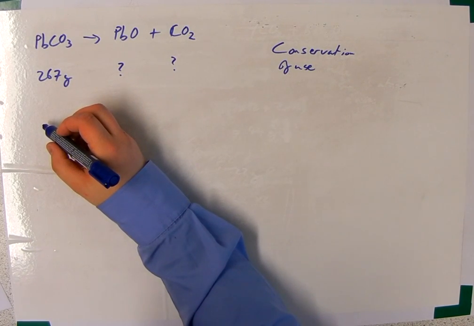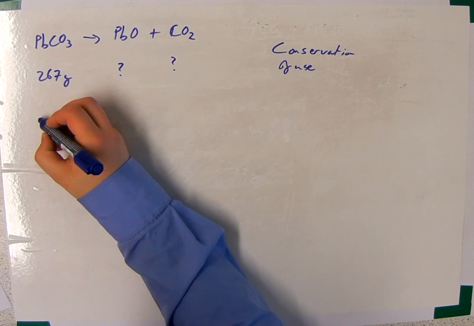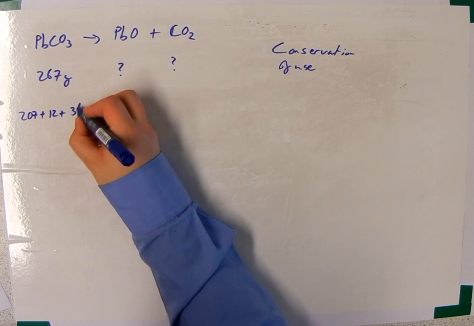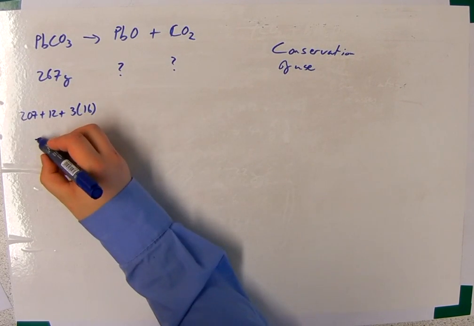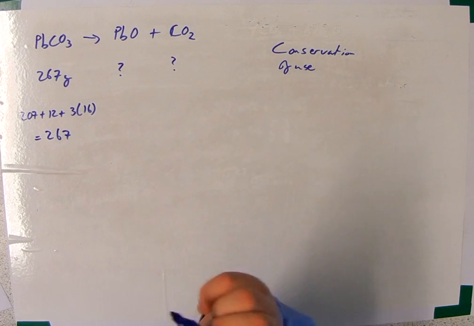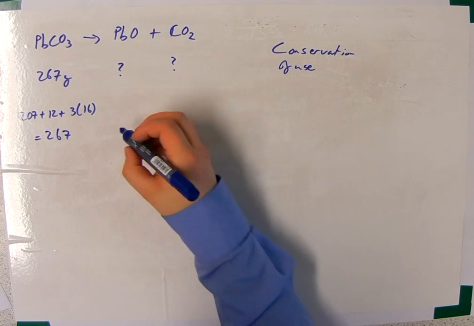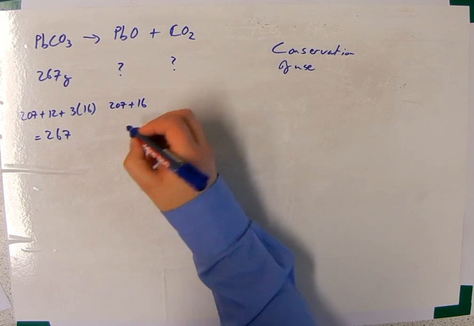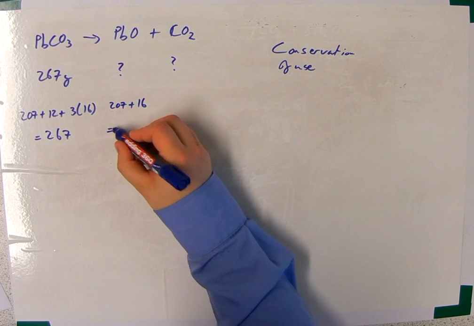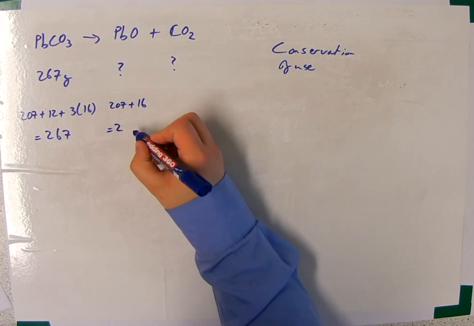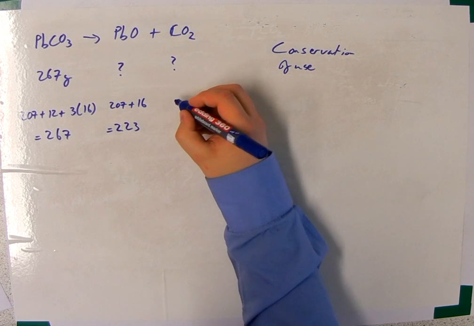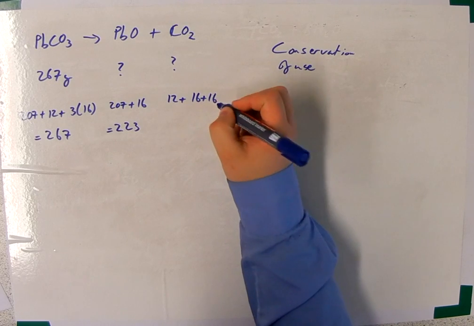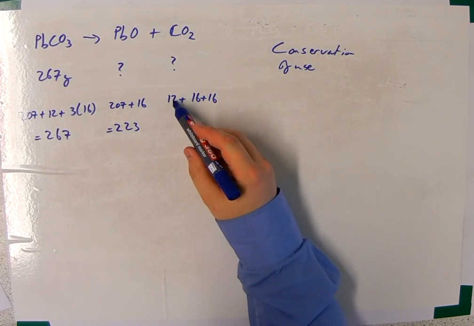Well, PbCO3 is 207 plus 12 plus 3 times 16, which actually gives us 267. Nice and handy. Lead oxide is 207 plus 16, which gives us 223, and carbon dioxide gives us 12 plus 16 plus 16, which is 44.